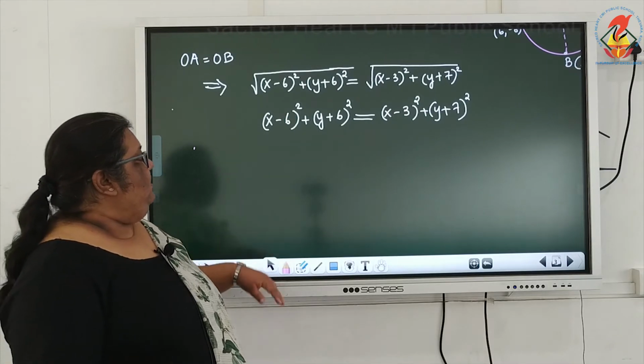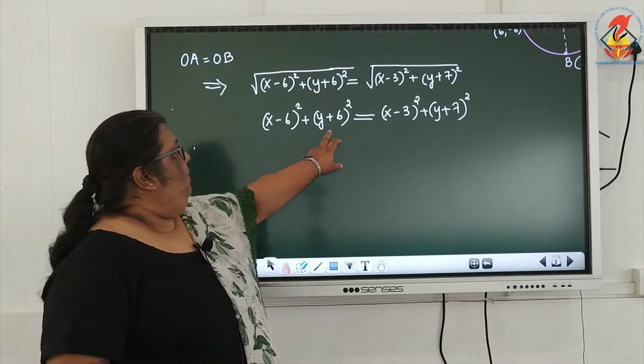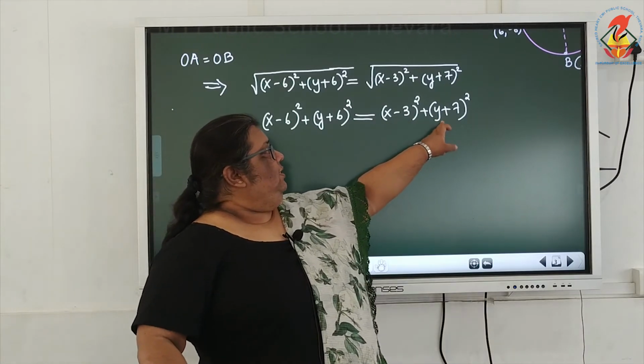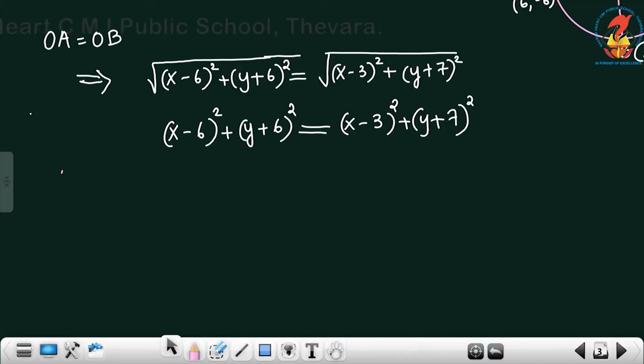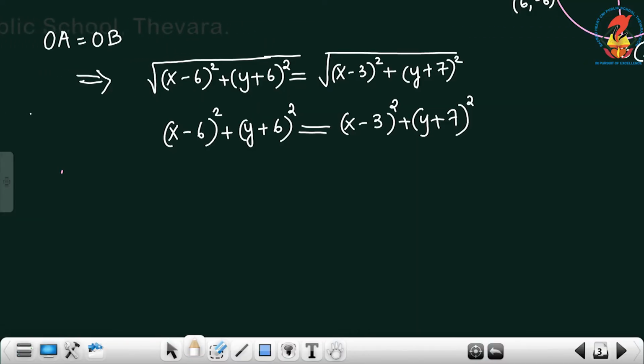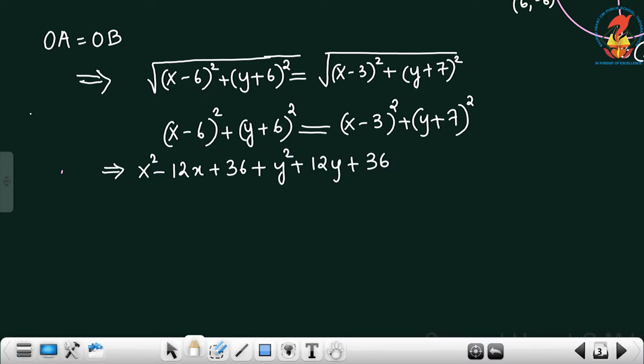I got (x minus 6) the whole square plus (y plus 6) the whole square is equal to (x minus 3) the whole square plus (y plus 7) the whole square. Use the identities (a minus b) whole square and (a plus b) whole square. Expand it. x square minus 12x plus 36 plus y square plus 12y plus 36 equals.